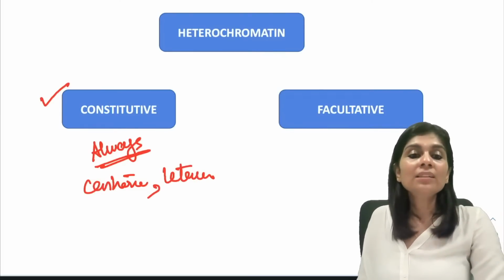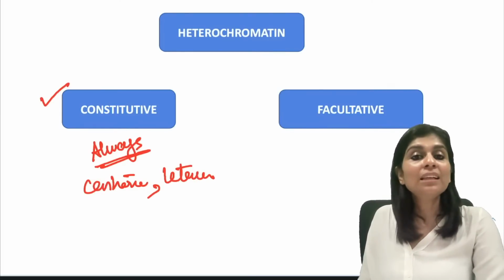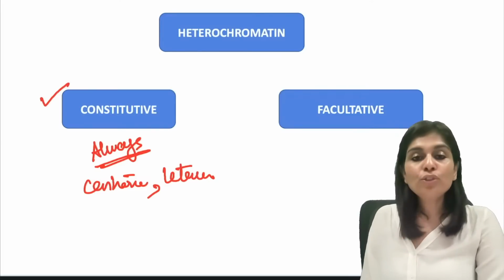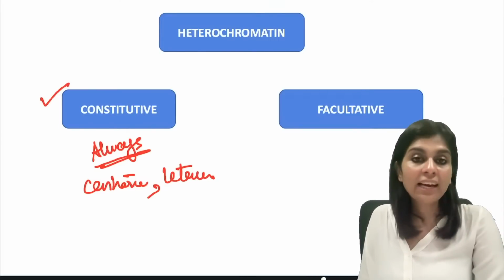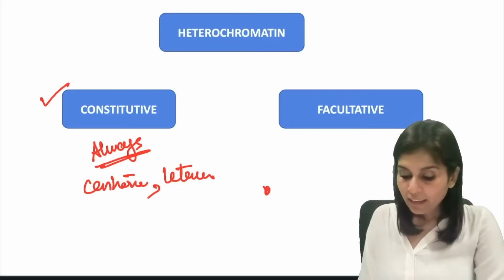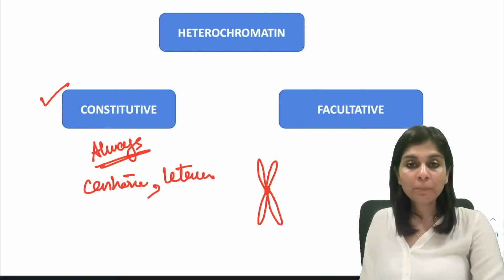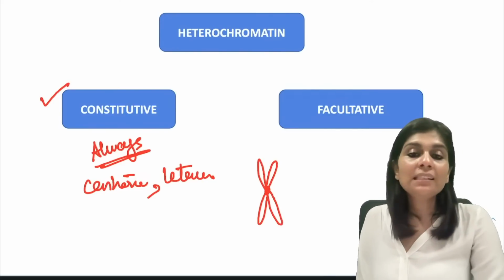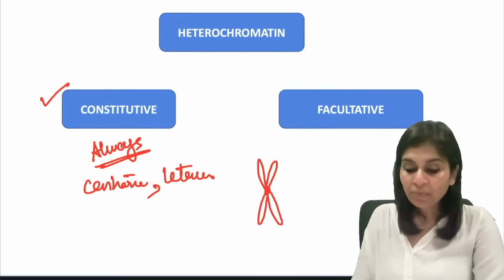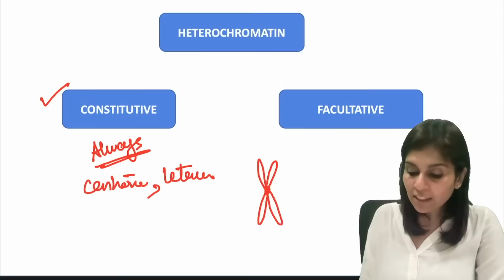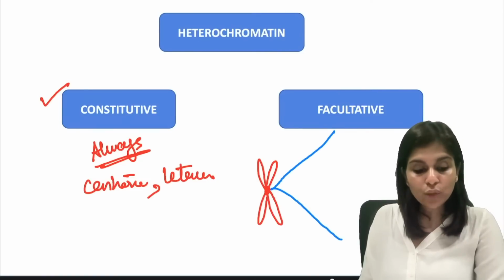Why will you want a transcriptionally inactive region in the centromere? It is because, do you know that in the cell cycle, in mitosis, the chromosome would already be duplicated. In mitosis there is a phase called metaphase, and in metaphase the mitotic spindle is formed and it gets attached to the centromere.